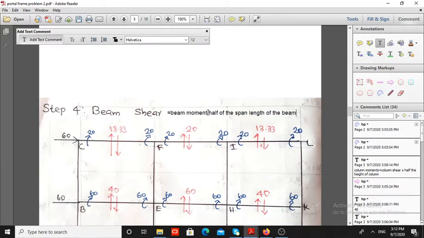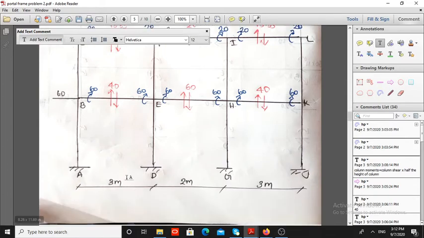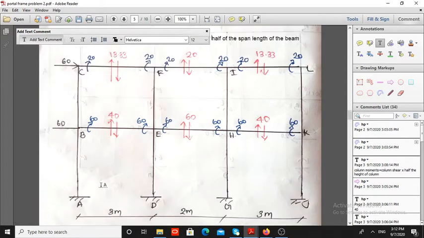That is the equation. So here I am marking all the values of beam moments. Then this value you will get, that is equal to 20 divided by the total length, 3 meter. So 20 divided by 3 by 2, that is equal to 13.33.